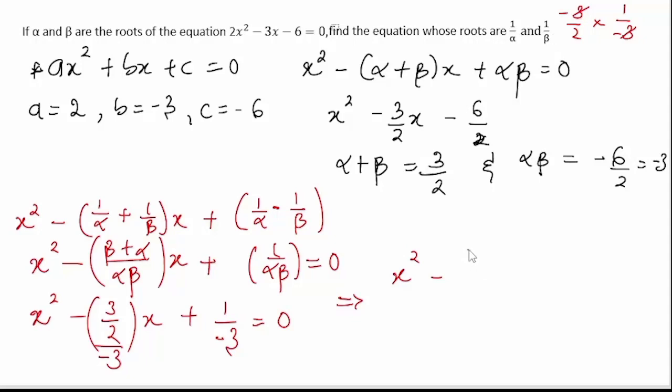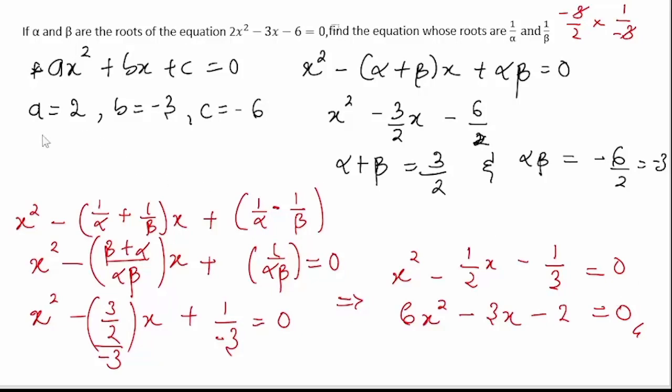So this is plus 1 over 2 x, and this is minus 1 over 3 equal to 0. I'm going to multiply all through by the LCM of 2 and 3, which is 6, to get rid of the fractions. That leaves me with 6x squared plus 3x minus 2 equals 0. So this is my final answer.